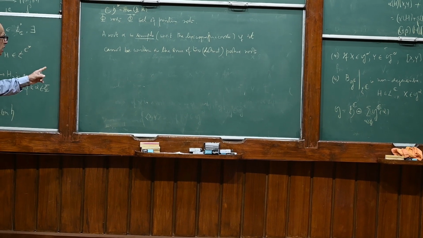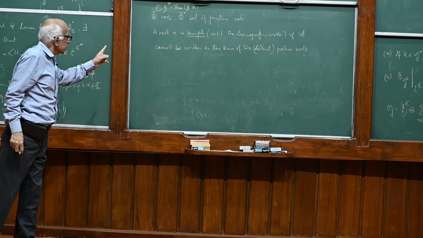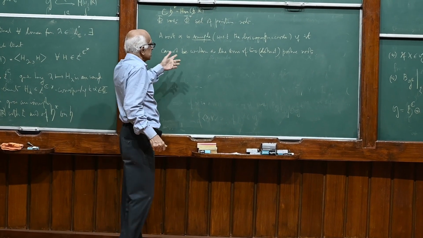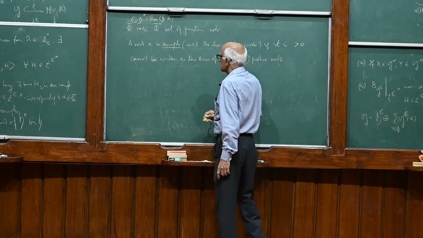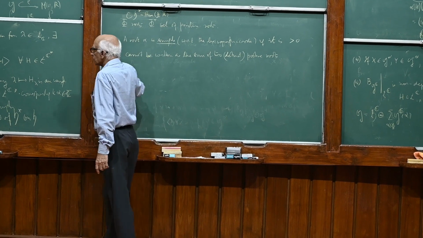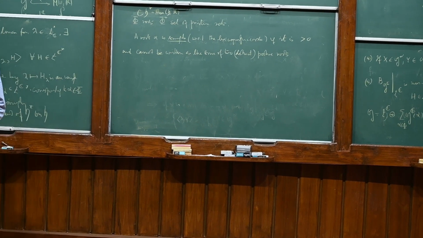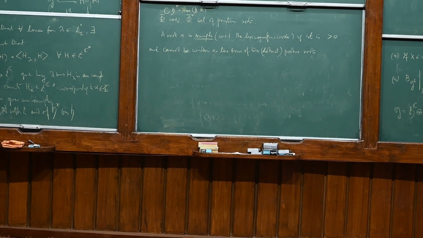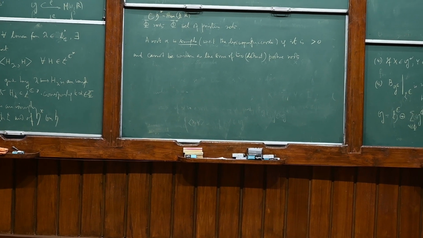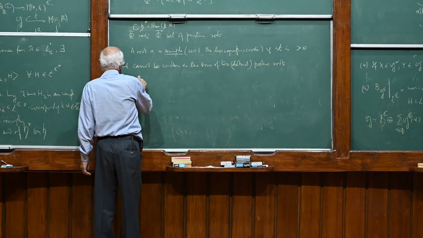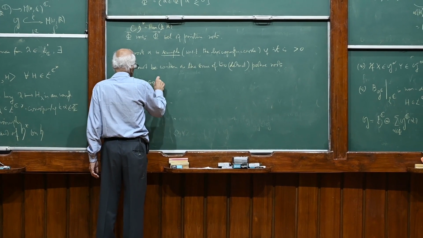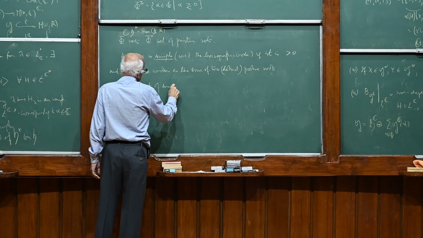Sorry? A root is simple if it's positive and cannot be written as a sum of two positive roots. I denote by Delta the set of simple roots.